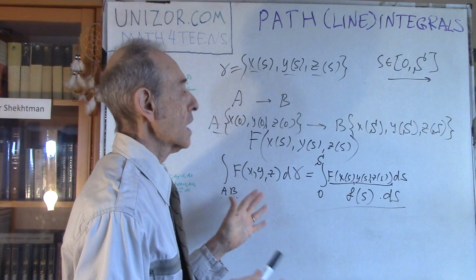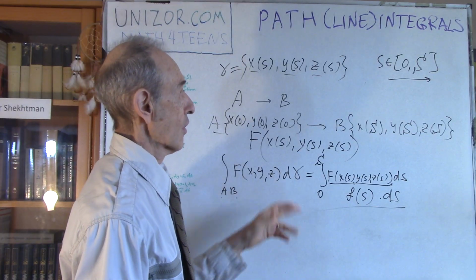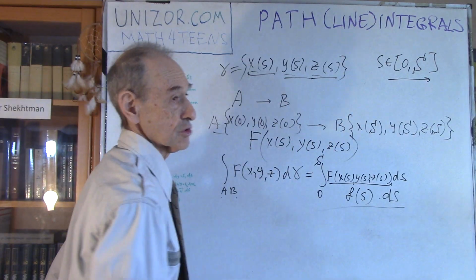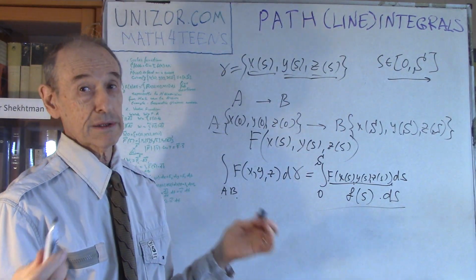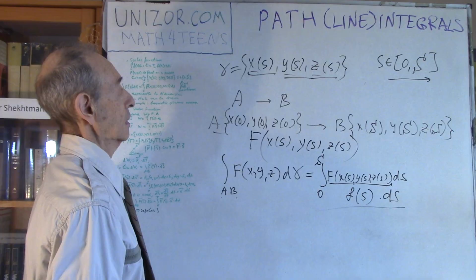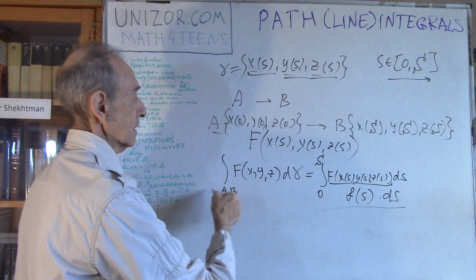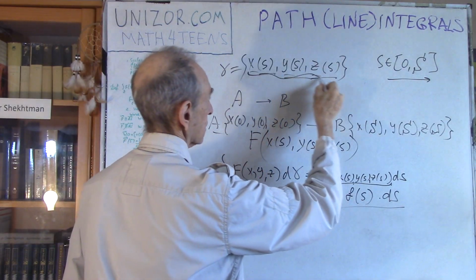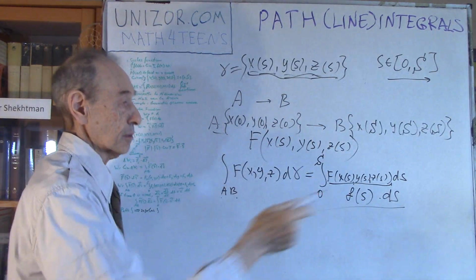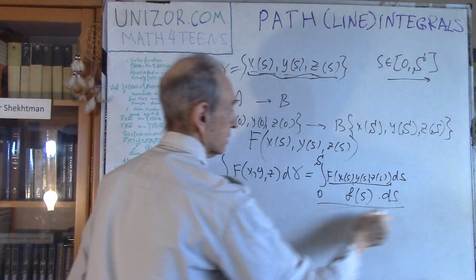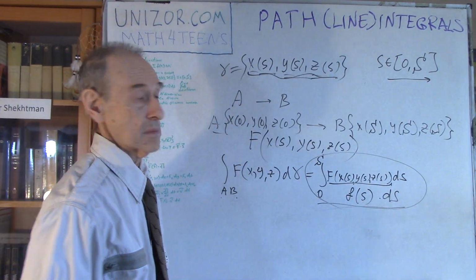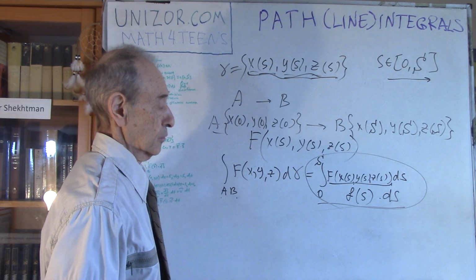As long as we have defined a curve using these three functions for the three-dimensional case or n functions for the n-dimensional case, doesn't really matter, we can define the path integral along this particular curve, along this particular path. We can define it as a parameterized thing. Nothing to it.